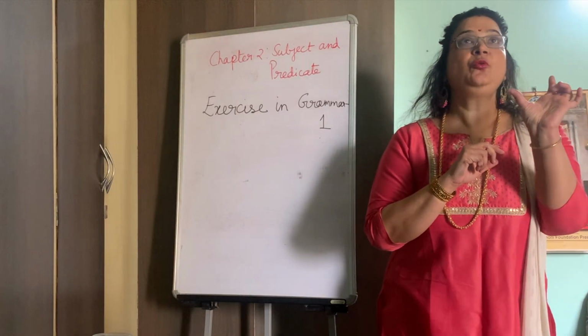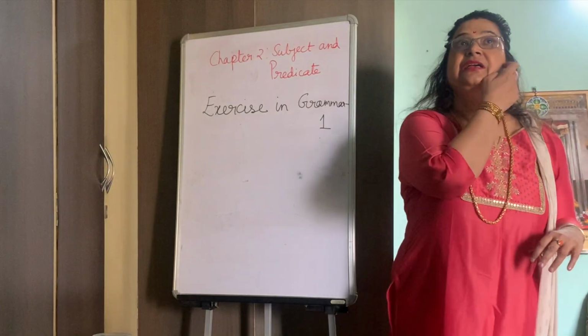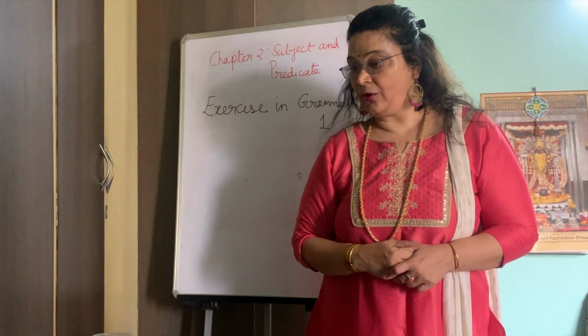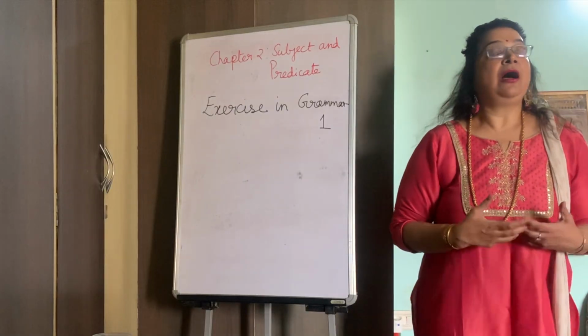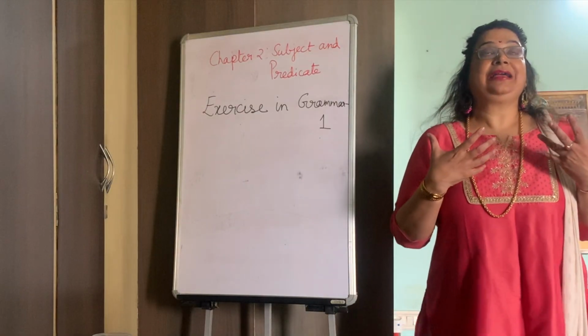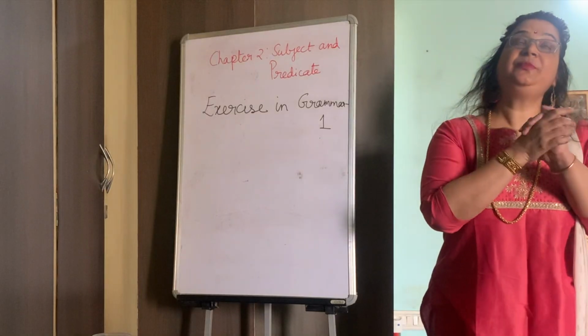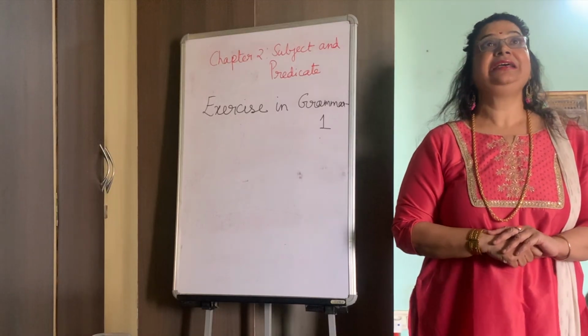So stone walls is the subject and do not make a prison is the predicate. The singing of the birds delights us. How do we get the delight? By hearing the singing of the birds. So in this sentence, the singing of the birds is the subject.